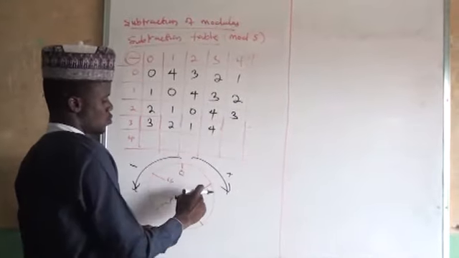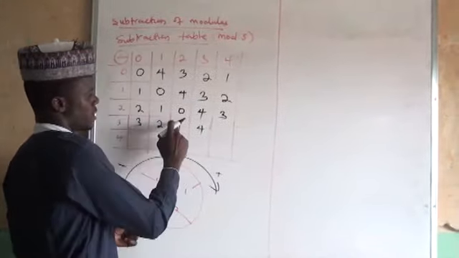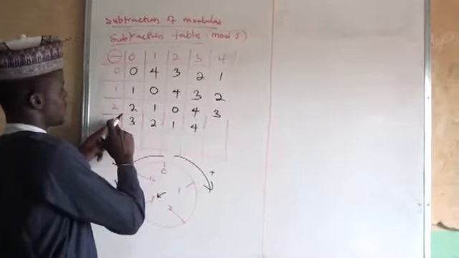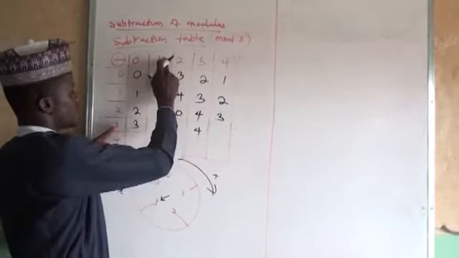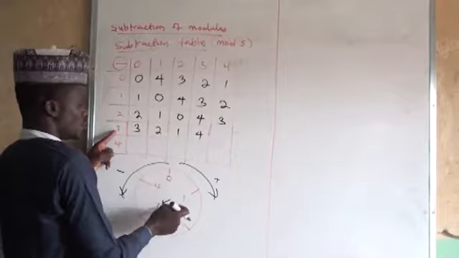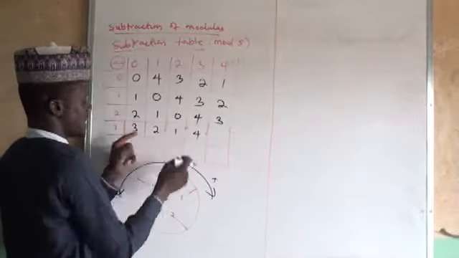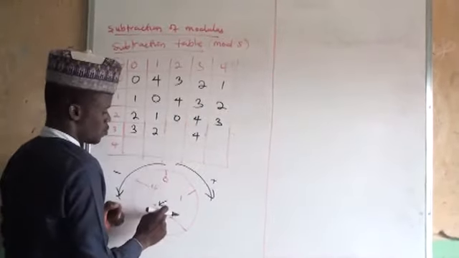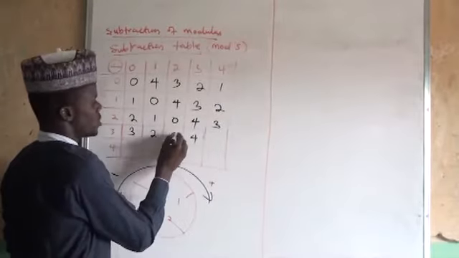Sorry. Let's take it from the beginning. 3 minus 0 is 3. 3 minus 1, here we have 2. Then 3 minus 2, 1, 2. Here is 1. Then 3 minus 3, we have to count 3. 1, 2, 3. So here is 0.